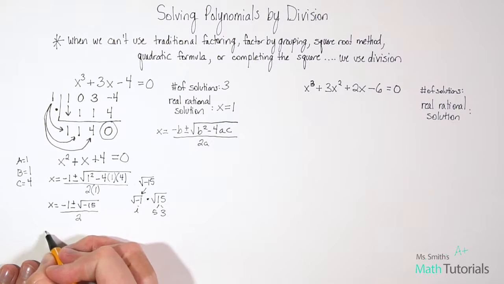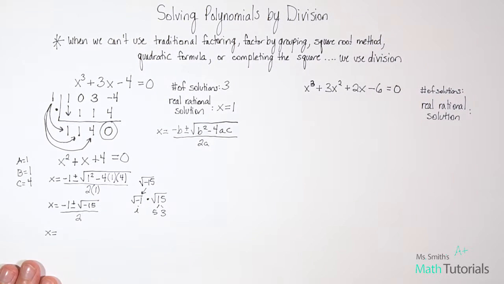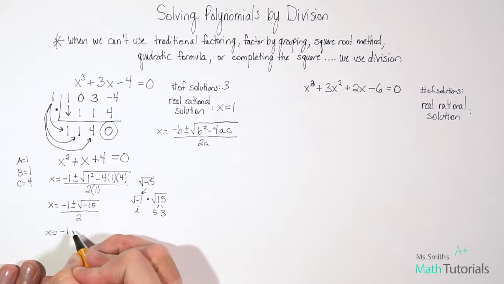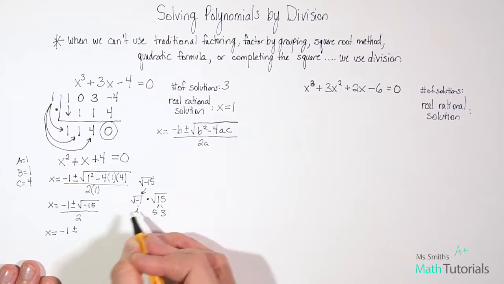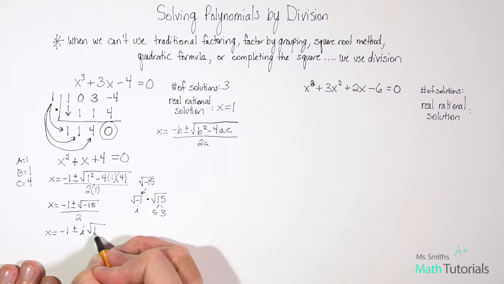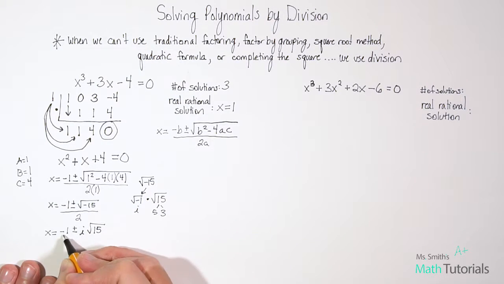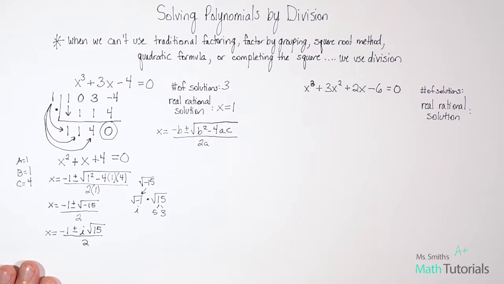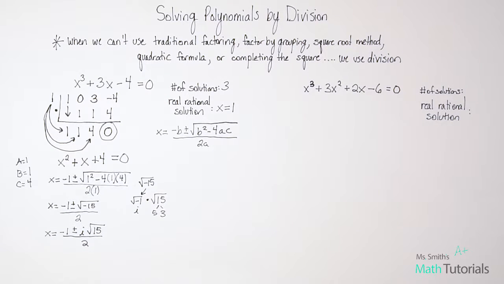Taking that information, we know that we have x equals -1 plus or minus i square root of 15 all over 2. You would want to ask yourself, can I reduce -1/2 or this 1/2? And you cannot.